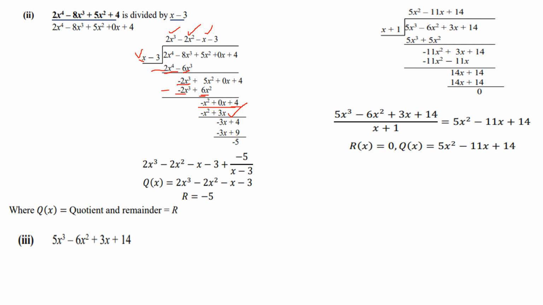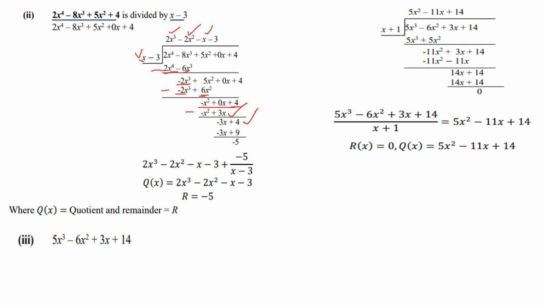Subtracting will take away the highest degree of x, and then you remain with 0x less negative 3x. Now remember that I didn't indicate the less sign, and you should indicate it in your work. So 0, you less 3x, you're going to get negative 3x, and then plus 4. Plus 4, you less 0, you're going to get negative 3x plus 4 as your current polynomial.